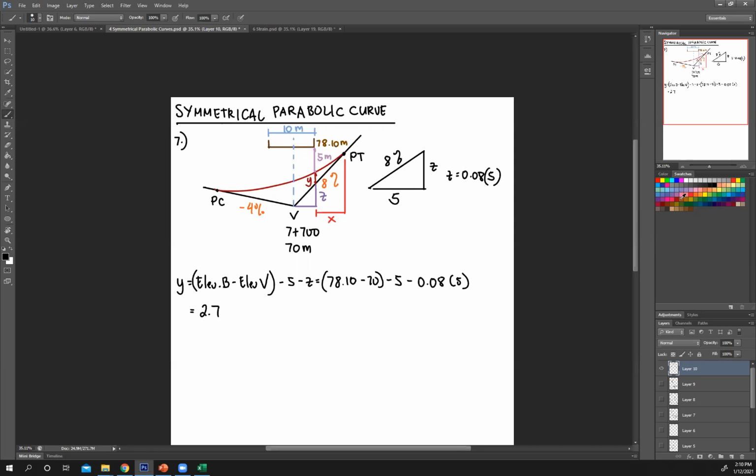Therefore, remember, this is L over 2, and then this is x.